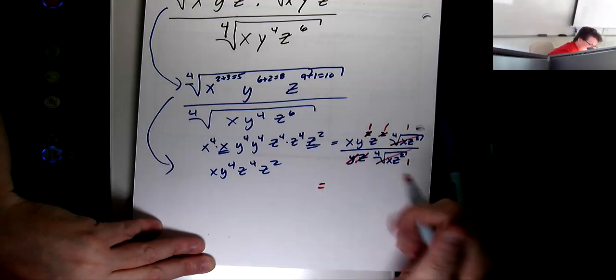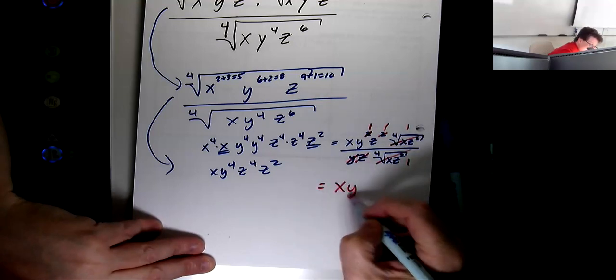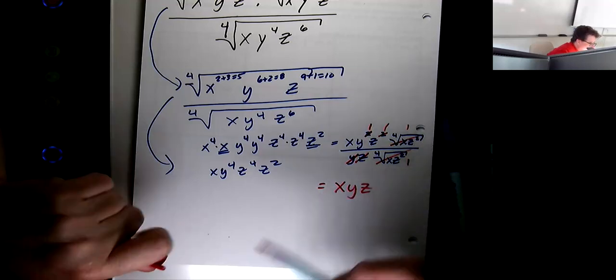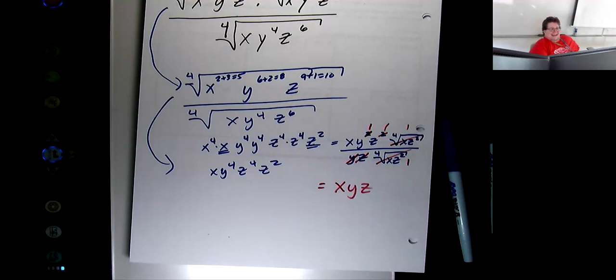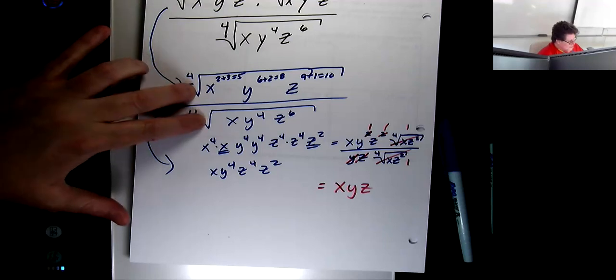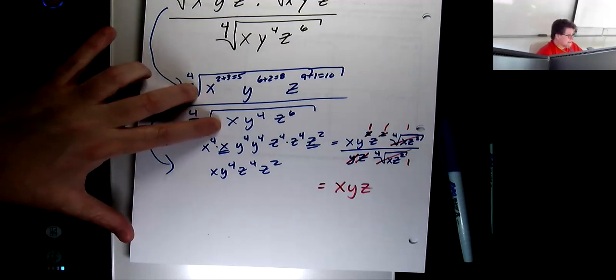X, Y, Z, X times Y squared. Almost like he planned that. Yeah. That's right, XYZ. I think it might have been easier had you also subtracted these.